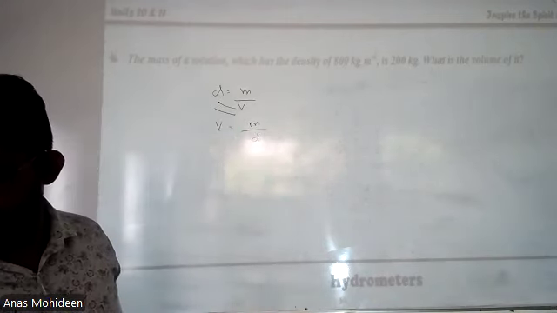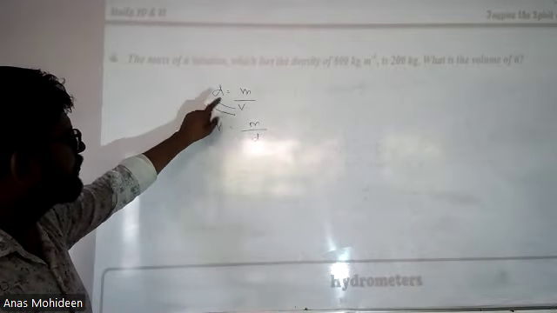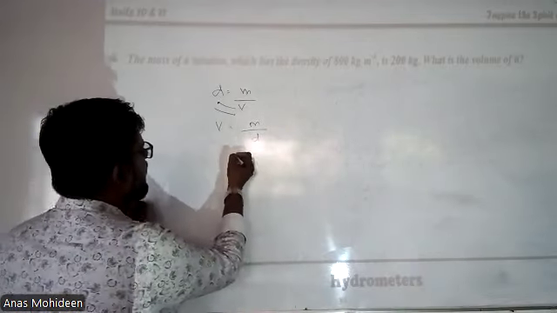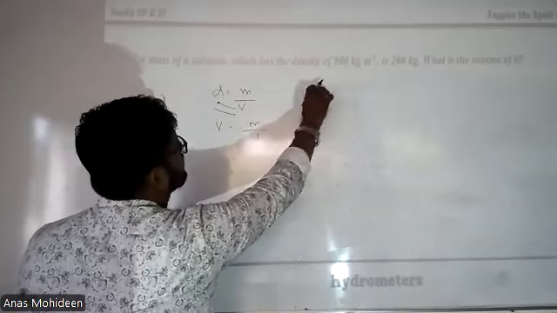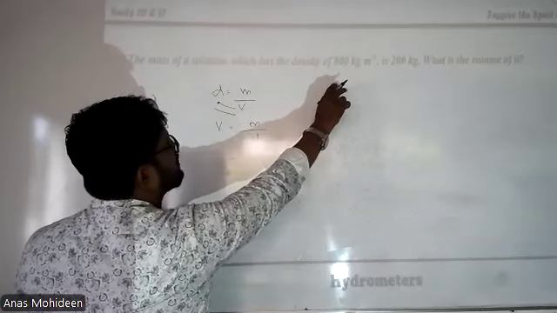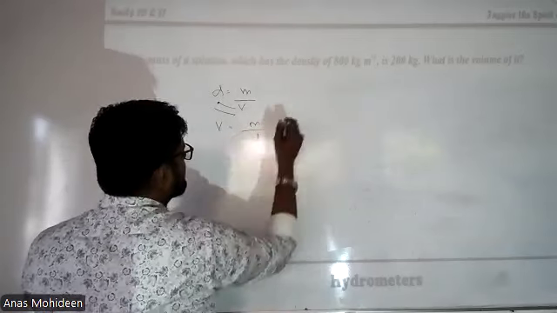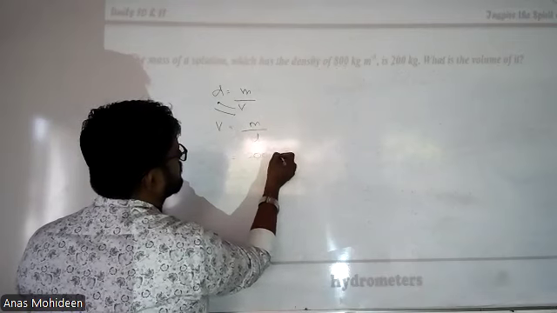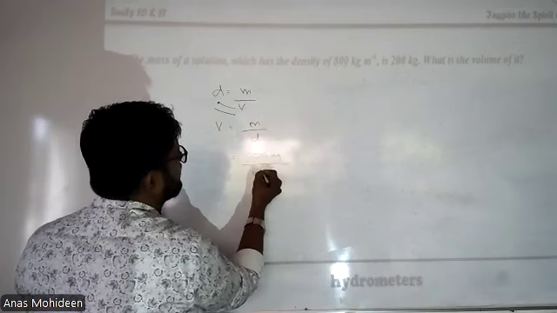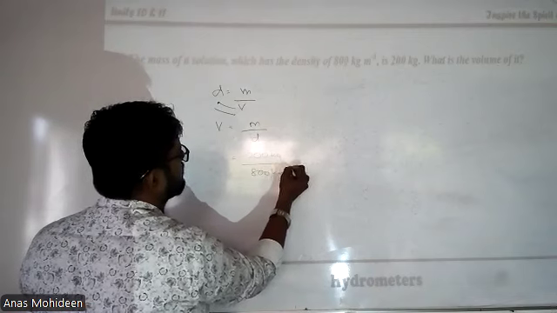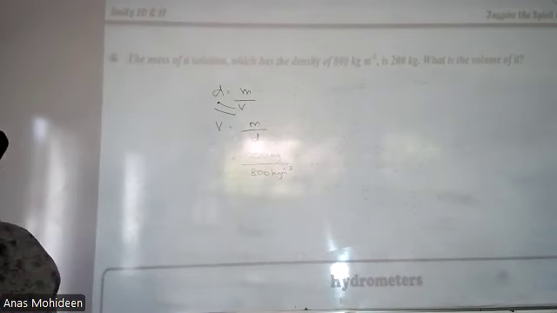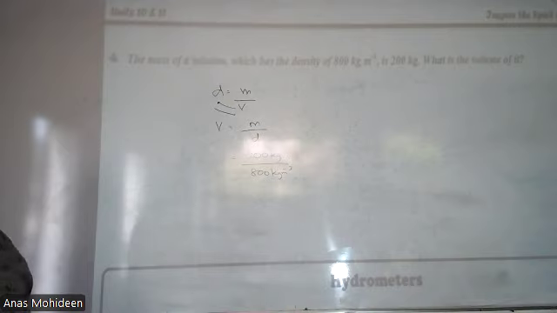Density is equal to mass over volume, so volume should be equal to mass over density. How much is the mass given? 800 kilograms per cubic meter is the density. Mass is 200 kilograms. So 200 over 800. If you have taken 800 over 200, that's wrong.